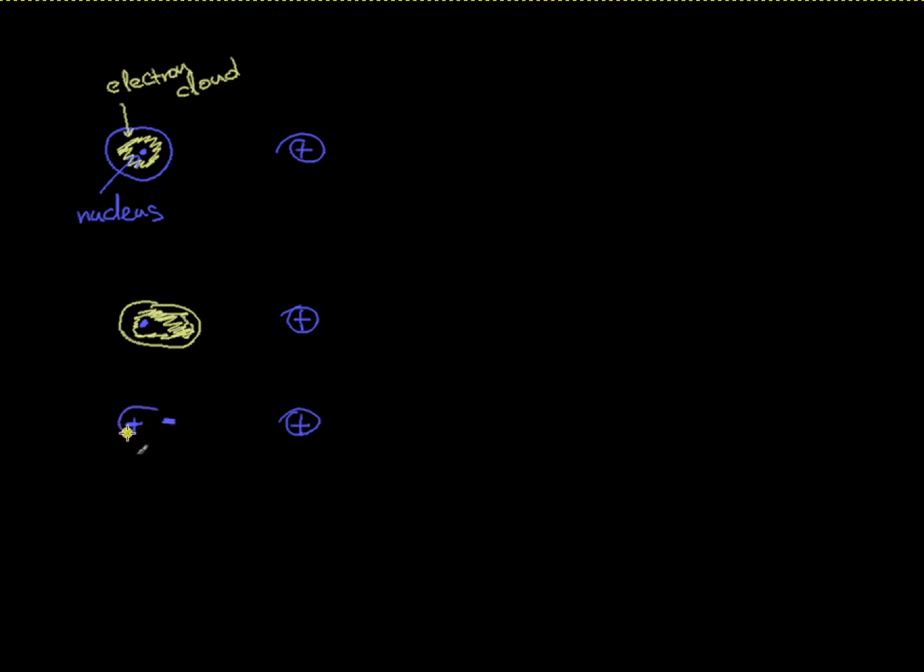Now what I can say is I have a positive charge with an equal and opposite negative charge here, and they are separated by some distance s, and this is what is an atomic dipole.